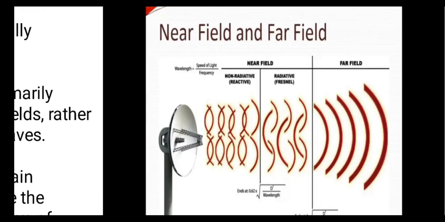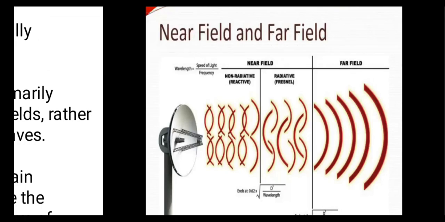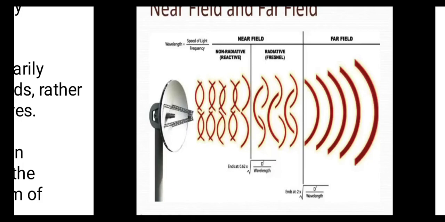So you can see here, wavelength equals the speed of light divided by frequency, lambda equals c by f. In the near field, the antenna waves are complex, and non-radiative and radiative components are mixed together.